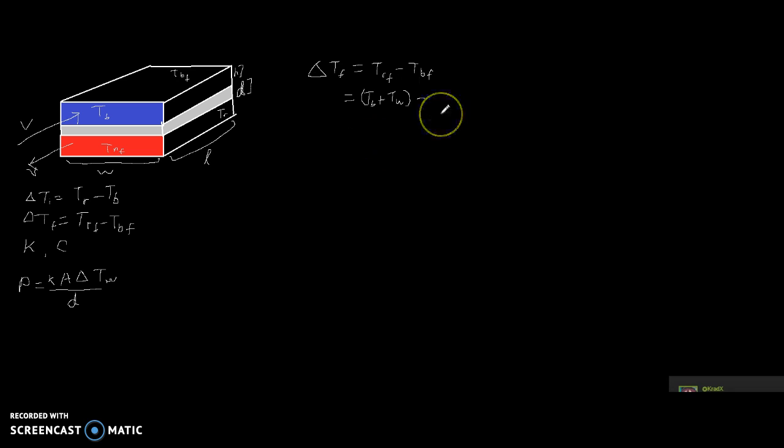And what is the temperature difference of the TB final? That is equal to simply TR minus that constant difference. Which would give us TB final.